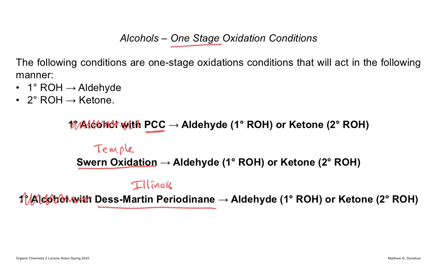So all of these conditions use very different means to do the oxidation. The PCC is probably the most classic. One of the first ones discovered probably over 125 years ago. It uses chromium, and we all should know that chromium is bad for the environment.